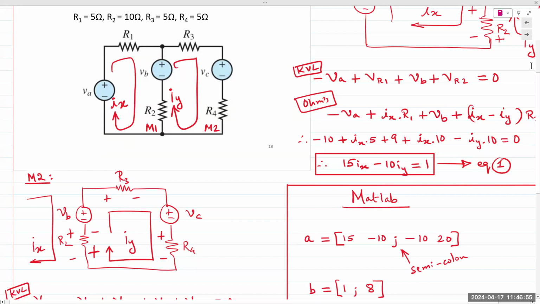Make sense? In the exam or the quiz, I will explicitly state that you have to use node voltage analysis to solve for this, or you have to use mesh current analysis to solve for this. There is a specific reason for that. We are required to teach you certain topics, and then we are required to assess your knowledge and understanding of that topic.